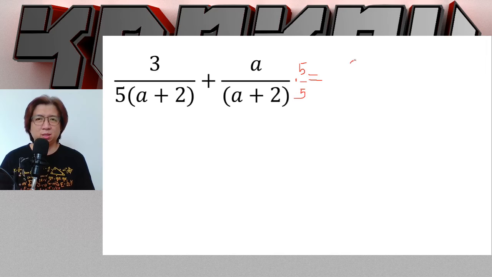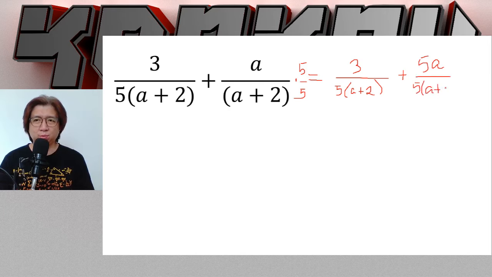So we have 3 all over 5 times quantity a plus 2 plus 5a all over 5 quantity a plus 2.